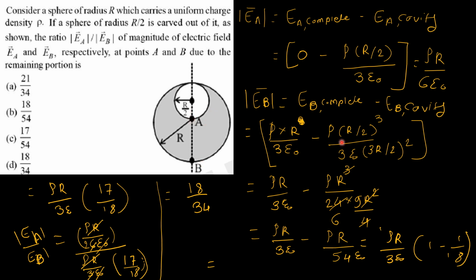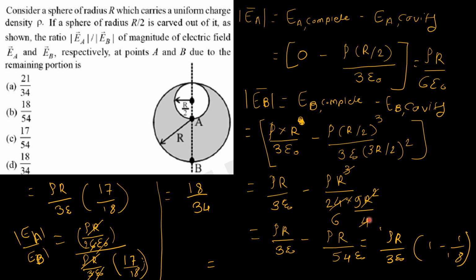We have to use the formula rho r cube upon 3 epsilon naught d square, where r is the radius of the small sphere and the denominator d square is the distance of point B from the center of the cavity. The radius of the cavity is r by 2 and the distance of the external point B from the center of the cavity is 3r by 2, as we have discussed.